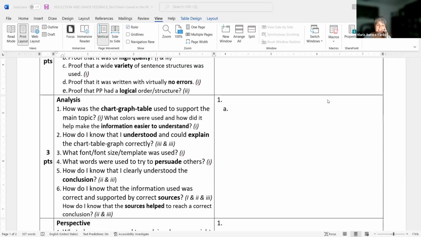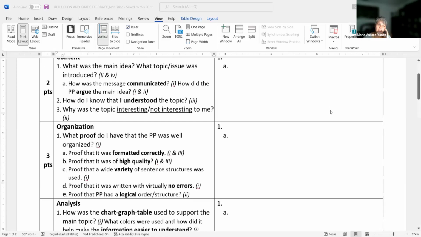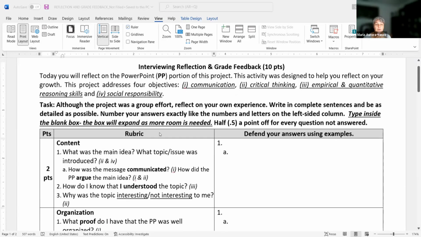So this is what it looks like. They're supposed to reflect on. They do sociological research. They interview community members. And then after they do the interviews, they do a PowerPoint presentation. So all of it is as a team, except for this part.